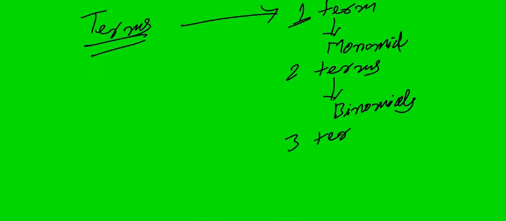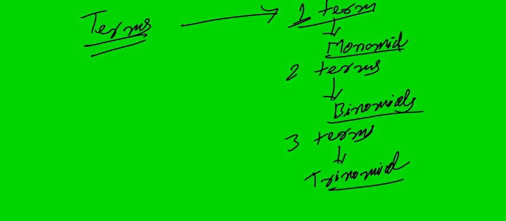If we are having three terms, it is called a trinomial. Accordingly, if we are having four terms, then we will call it a quadrinomial, or if we are having five terms, then it will be called a pentanomial. So according to terms, basically we'll talk about monomials, binomials, trinomials and quadrinomials.